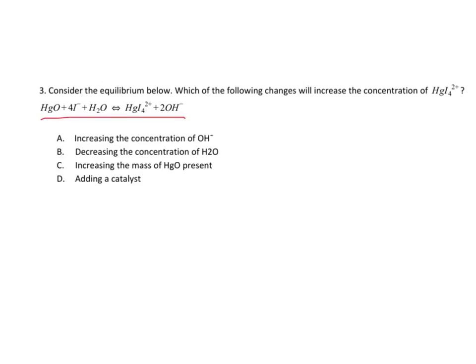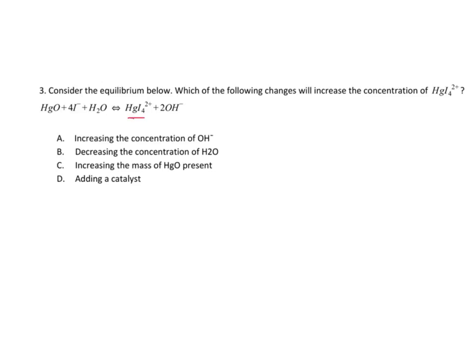So our options are A, increase in the concentration of OH minus; B, decrease in the concentration of H2O; C, increasing the mass of HgO; or D, adding a catalyst. So which will increase the concentration of HgI4 2+, which is on the right side of the equation.